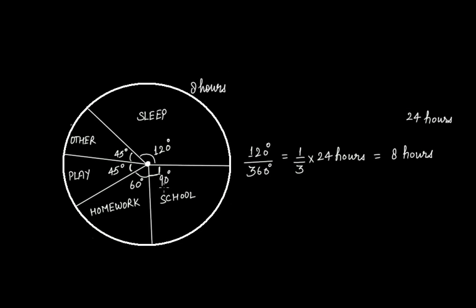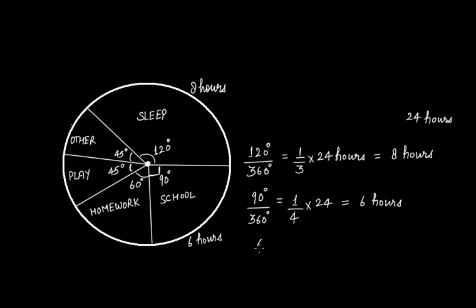Same way, if we know the angle made by this sector that represents the time that you use for schooling, here it is 90 degrees, so 90 degrees by 360 degrees gives you 1 by 4. It means that 1/4 of 24 hours you use in school. So 6 hours.